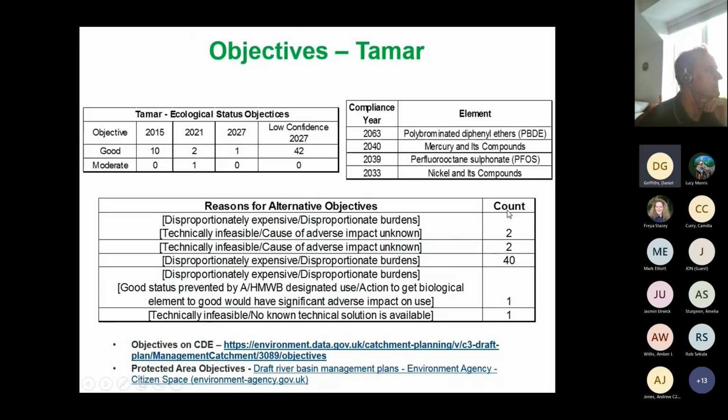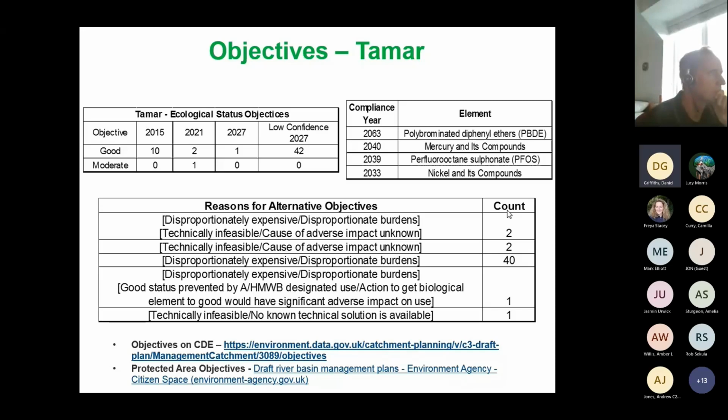The last data set I'm going to look at from the updated River Basin Management Plan is the new objectives. The objective setting was a part of the plan that we worked on locally, but it was to quite prescribed guidance. We didn't have free rein over it, and that originates from parts of the legislation, parts of the Water Framework Directive itself.